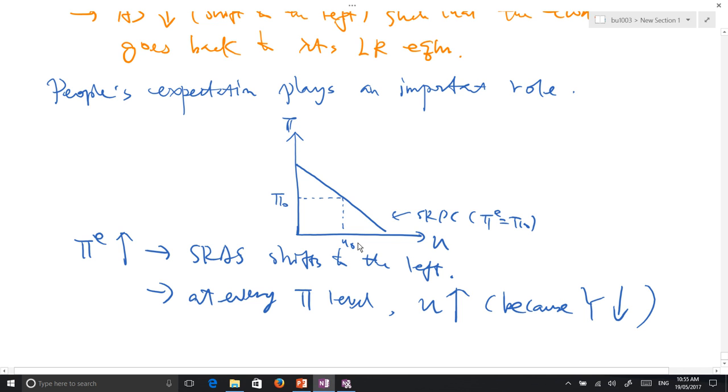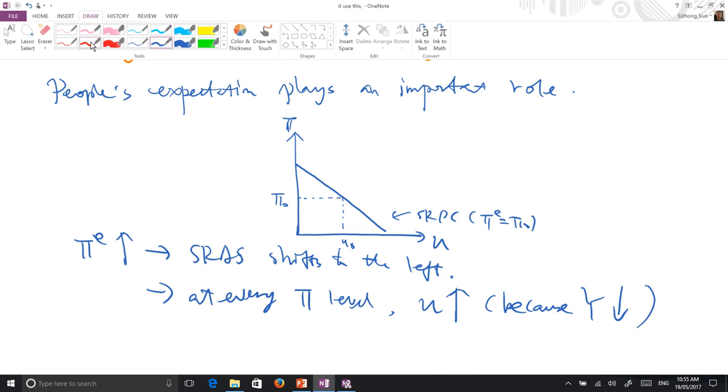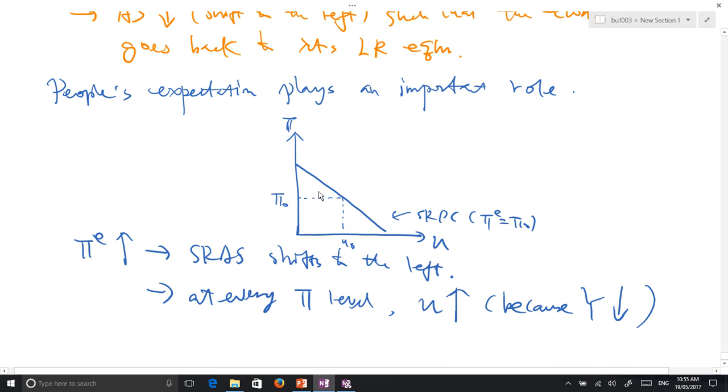Now, because the aggregate supply curve shifts to the left, rather than this level of unemployment rate, now the unemployment rate is at this point. Similarly, if the inflation rate is at this level, previously the unemployment rate is this many, now it's this many.